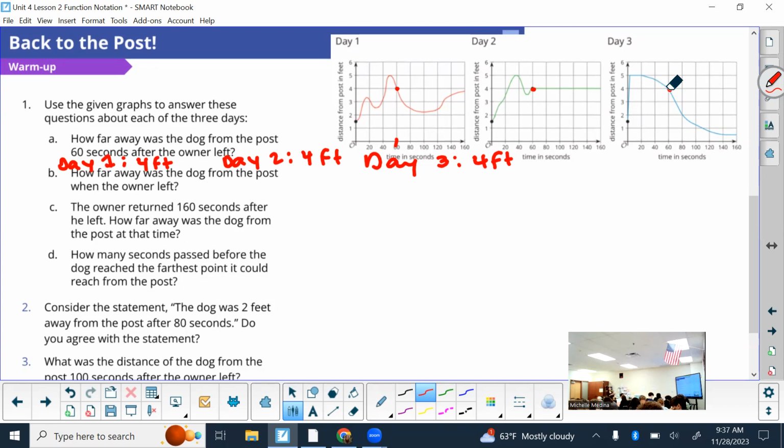So then table 4, for part B, how far away was the dog from the post when the owner left on day 1? One and a half feet. Class, any questions about that? Now, what is that part of the graph called that we have to look at?